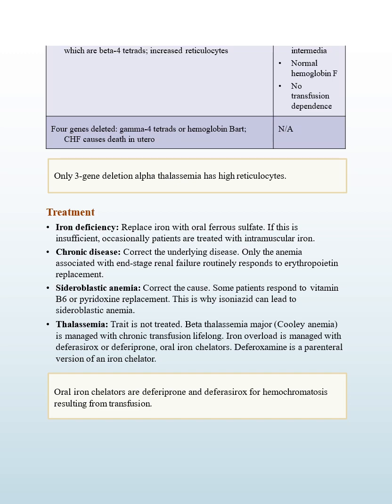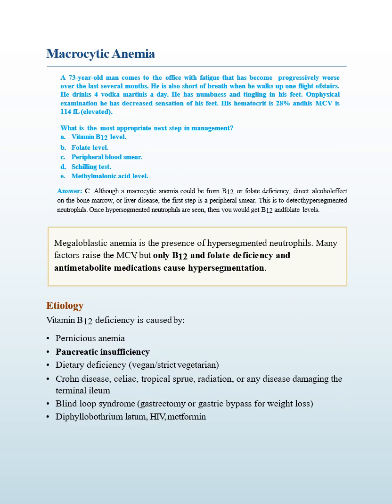And there is a clinical tip which states that oral iron chelators are deferiprone and deferasirox, for hemochromatosis which results from transfusion. Let's go to the next slide, slide number 13.